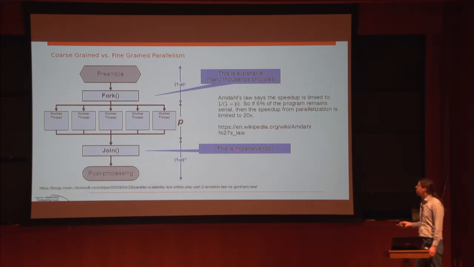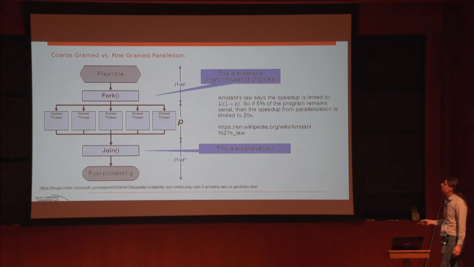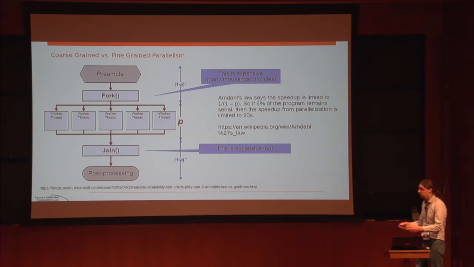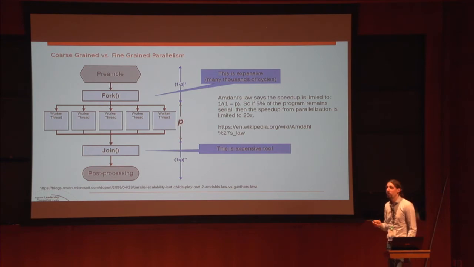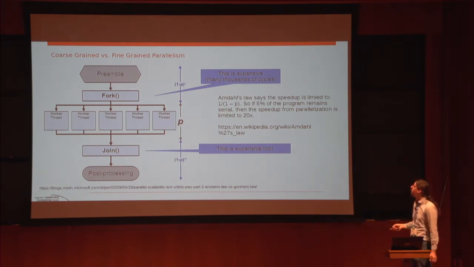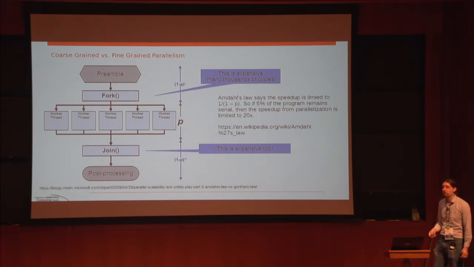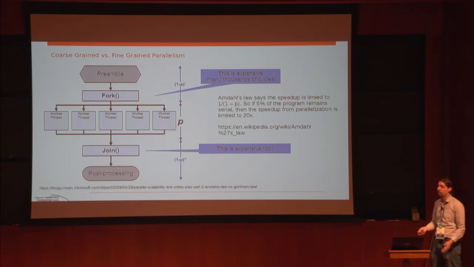As a quick example, if 5% of the time that your program spends executing has to remain serial, it can't be parallelized, then no matter how much you speed up the rest of the parallel regions, you'll only ever get up to a 20x speedup over the original program, because all of your time will just be spent executing those serial sections.